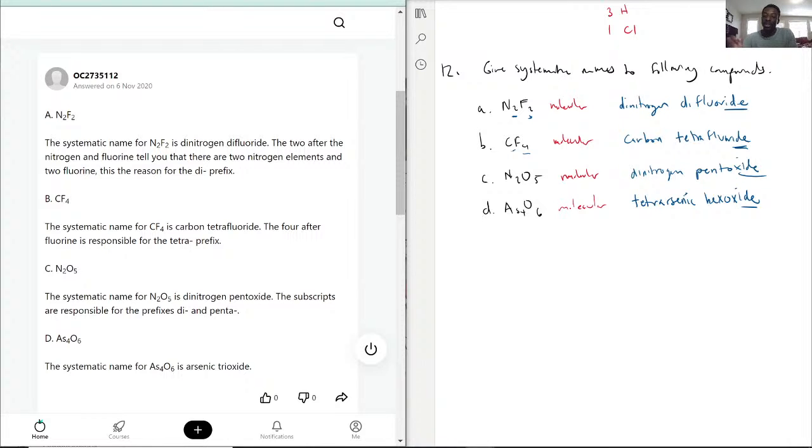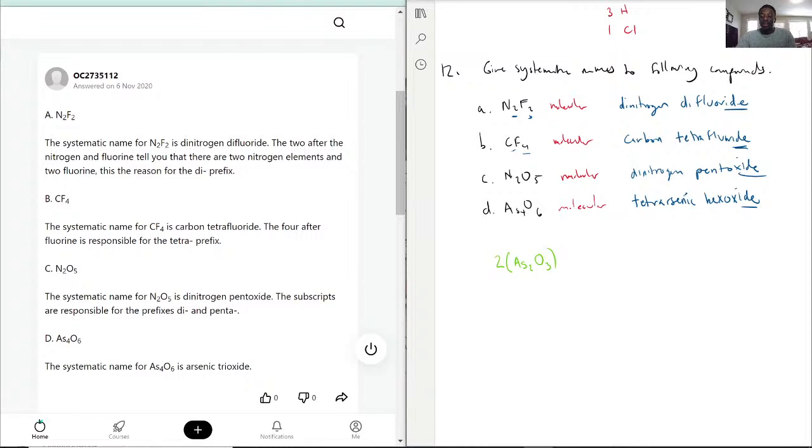What they did here is that they took it down to its base, which is As2O3, and then they named it. But if that was the case, we could say this was nitrogen fluoride, which is not true. You can't just do that to anything.